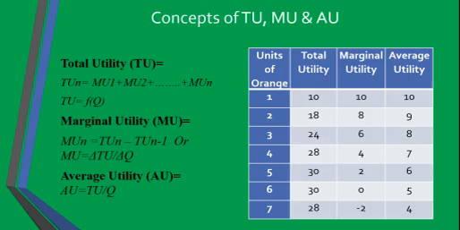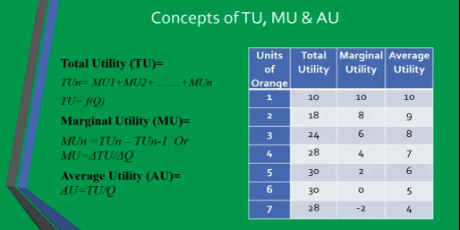That's why total utility from consumption of the orange is 10, as well as marginal utility is also 10. Average utility of the orange is 10. If the person consumes a second unit of orange, he will get total utility of 18.